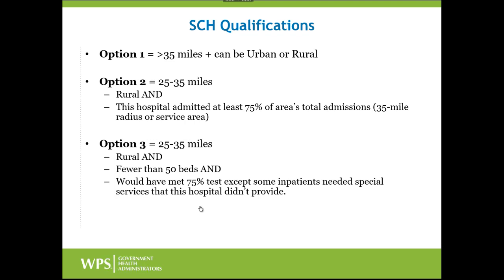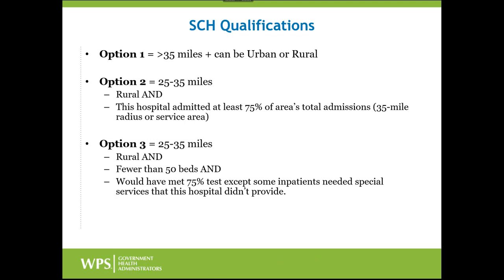The regulation, the way it reads, talks about 25%. It basically says no more than 25% of the total admissions can be admitted to some other hospital. Of course, the inverse is that you have to admit at least 75%. We'll talk about the service area and the admissions in just a bit.